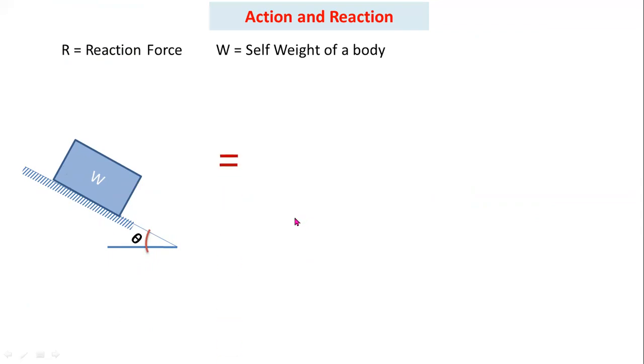First of all, you have to consider this self-weight W. Self-weight of any body always acts vertically downwards, so you have to draw a vertical force W. Here the support is inclined with respect to the horizontal plane, making an angle theta.